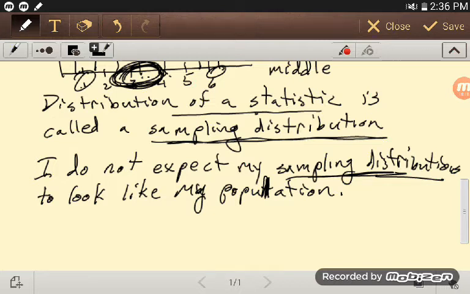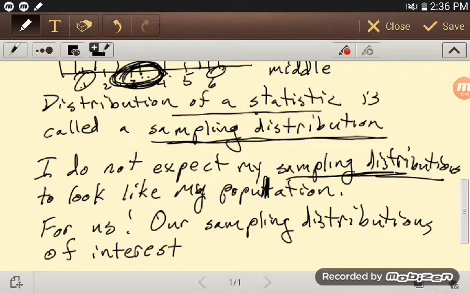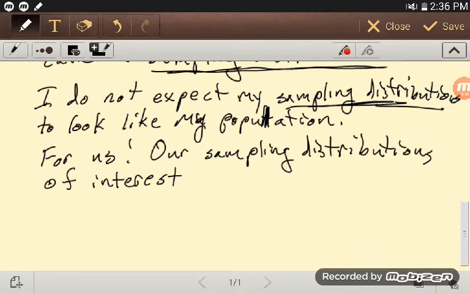Now, for us, we're only going to look at really one type of sampling distribution.